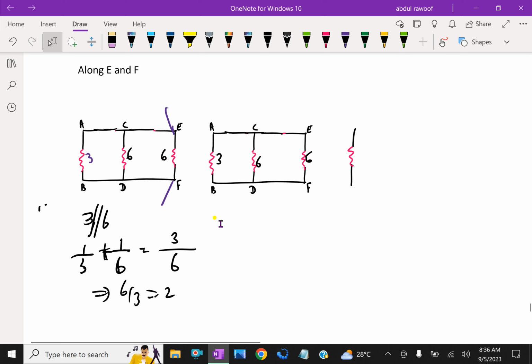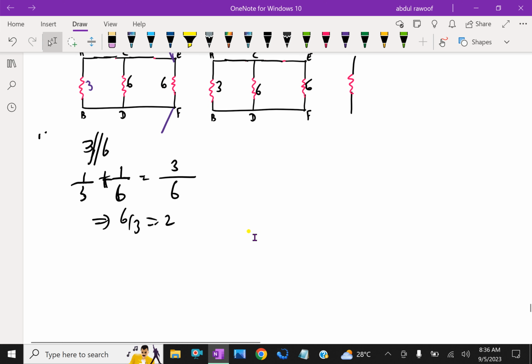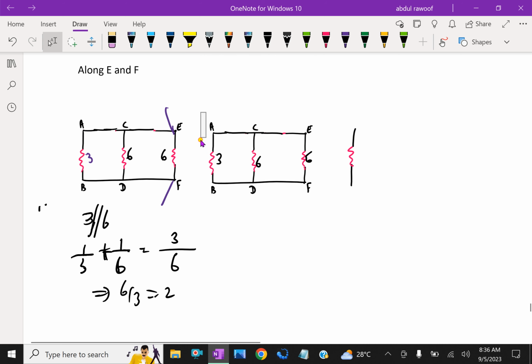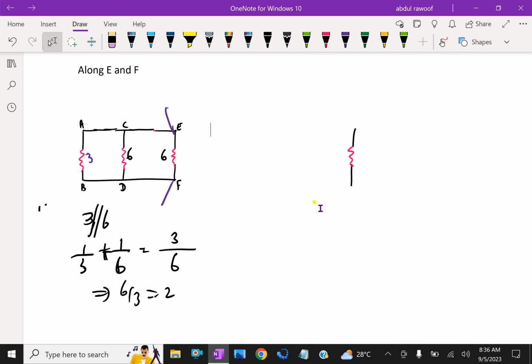So the total of 3 and 6 is 2, and it becomes simply 6 and 2.